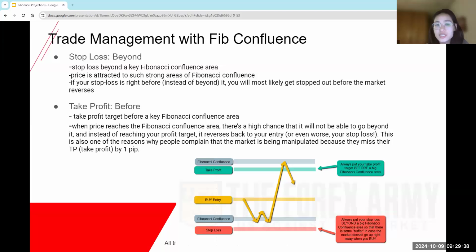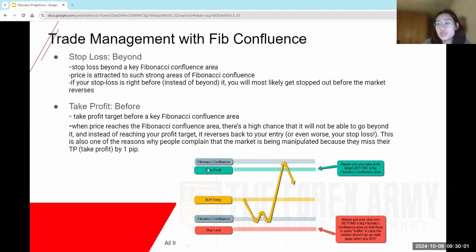So you can imagine if it's a sell entry, we're expecting prices to drop. We'll place our stop loss beyond it or before it, so above, and our take profit will also be placed before the confluence area, or rather above it. So if it's a sell entry, it would simply swap places.